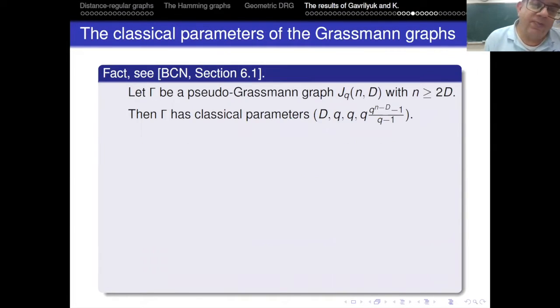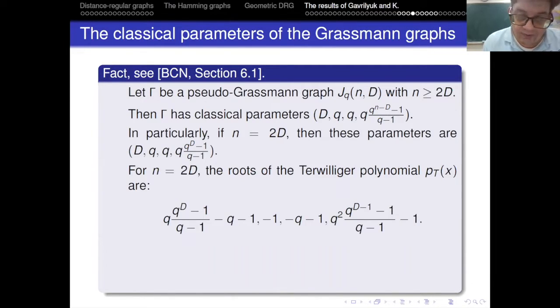So now, if we have pseudo Grassmann graphs KQ n, D, then it has classical parameters D, q, q, and q times q to the power n minus D minus 1 over q minus 1.